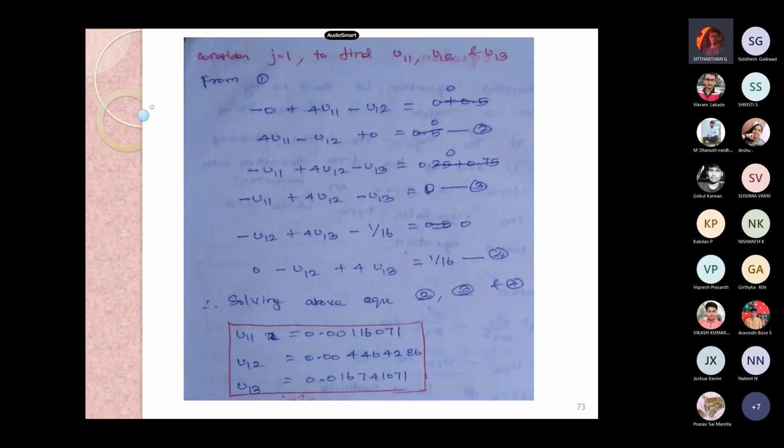Then 0, -4, 1, 0. Just a minute, you begin with A2. A2 is 0, -4, 1, and 0. Yes, that is the issue.